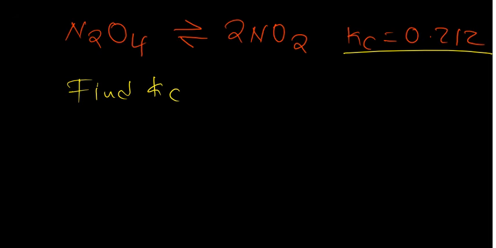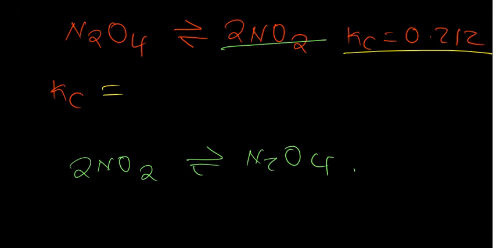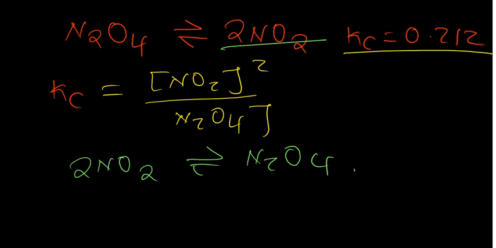Now, what you would want to do is write the equation of the reversible reaction. So I'll start with that part, and then we have something like this. Now, if I write my Kc expression for the first reaction, for our products we just have NO2 raised to the power 2, divided by N2O4, just the power 1.